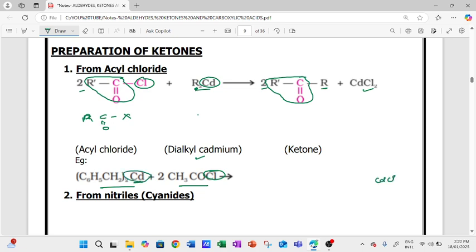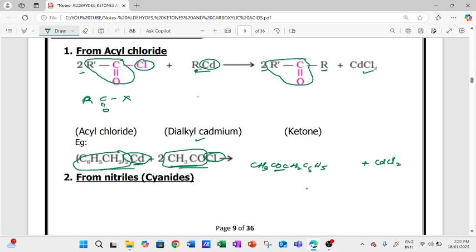The main product starts from the acyl chloride portion, CH3CO, attached with one alkyl group, one part of the (C6H5CH2)2. So one part is CH2 and then C6H5. It's a ketone. This is a way of preparing.